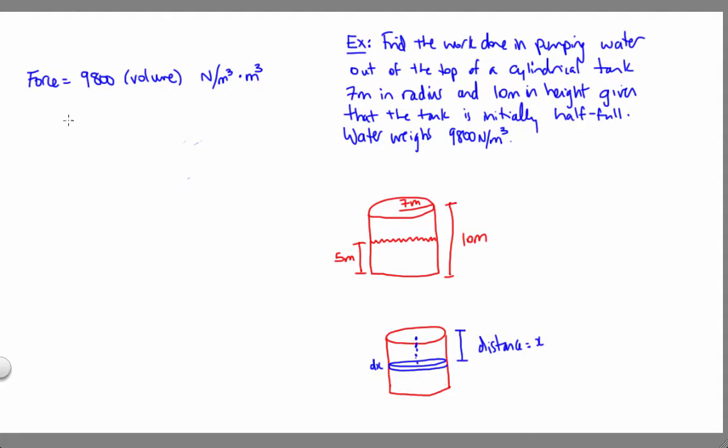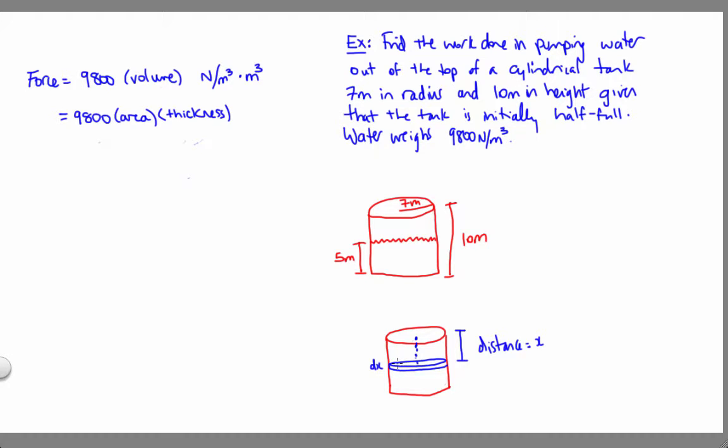Working out the volume explicitly, our force is going to be 9,800 times the area of that circular disk times its thickness or height, whichever word you prefer.